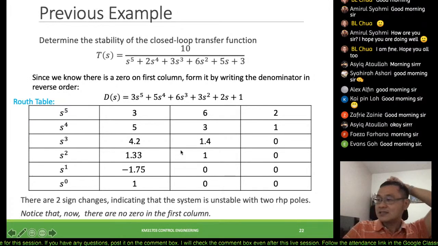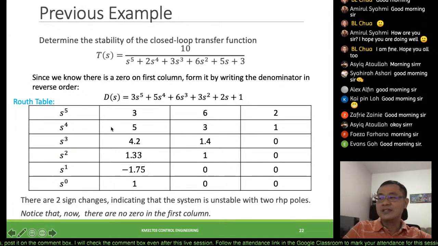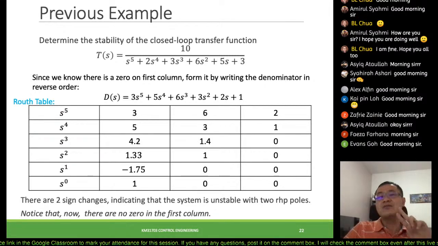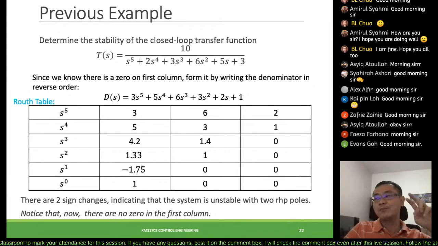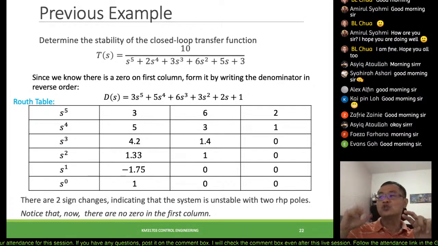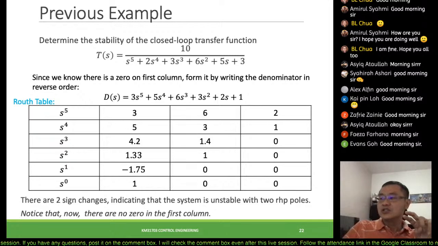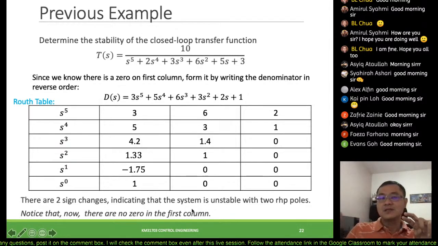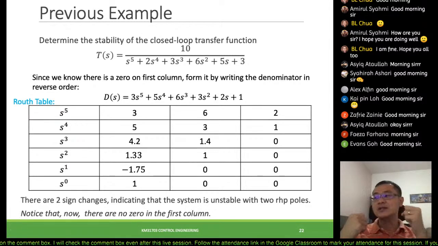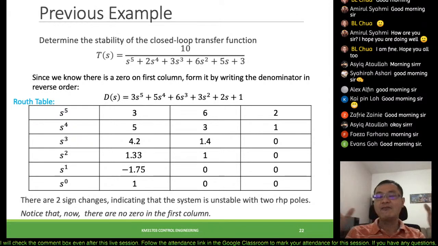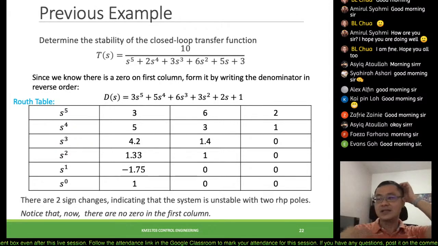But nevertheless, when we interpret, we still see that there are two sign changes: positive to negative one time, negative to positive another time. So two sign changes, and we know that there are two right half plane poles in our system. So it's consistent with our previous method. Two right half plane poles and the system is unstable.